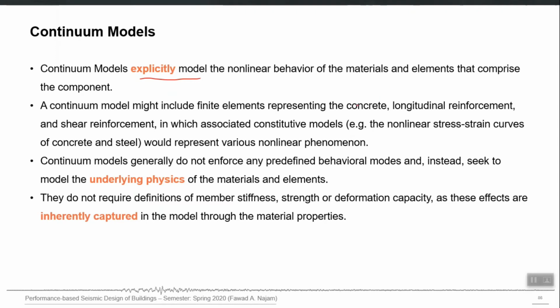So there can be finite elements which represent concrete, longitudinal steel, shear steel. Everything can be explicitly modeled, right? So the real material is modeled and the real material behavior is given to all those elements.